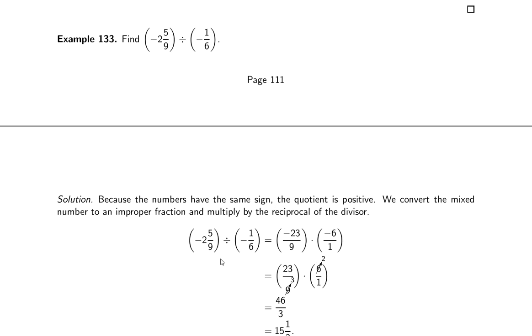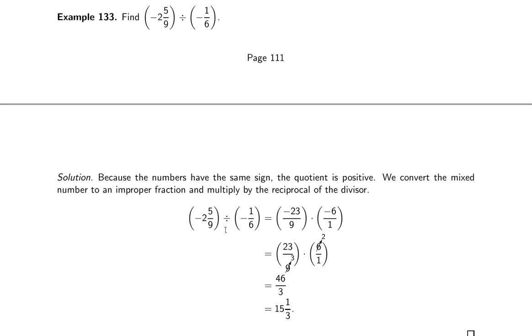All right, so all these steps that they're adding up. The first step here again was just to see that a negative divided by a negative is positive, so the answer is positive. So you can ignore the signs after you figured that out. Next step, we need to convert any mixed numbers to improper fractions. So this becomes 23 over 9.